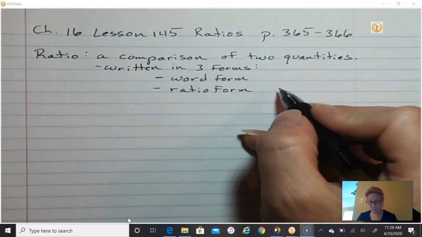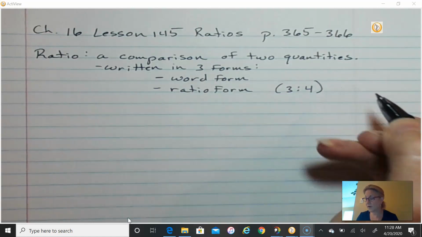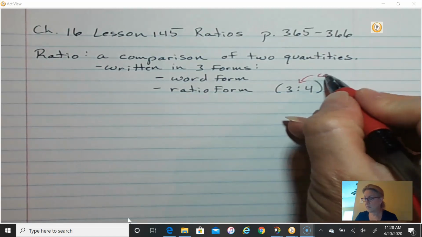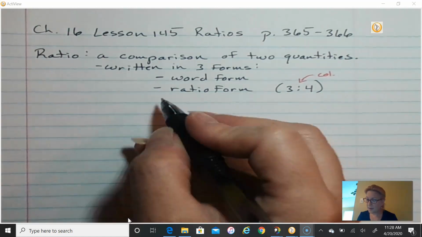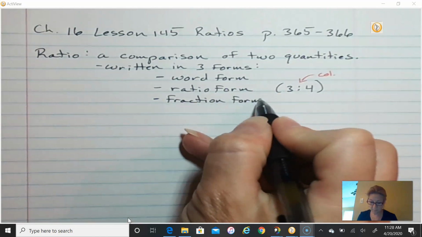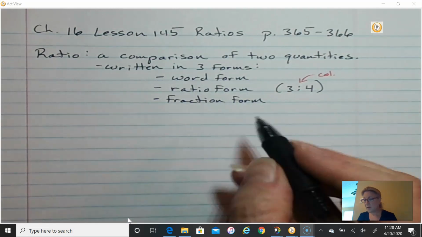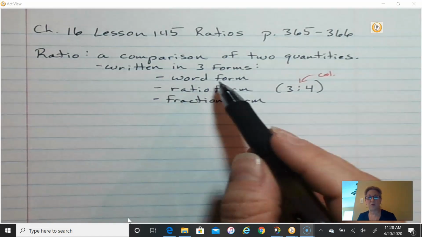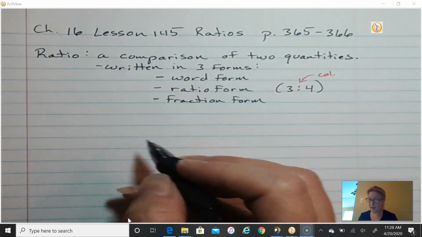When it says ratio form, they're talking about using a colon, like 3 to 4. The three different forms are the way it's written as a fraction, word, and ratio with the use of a colon. Okay, and they are all read the same.